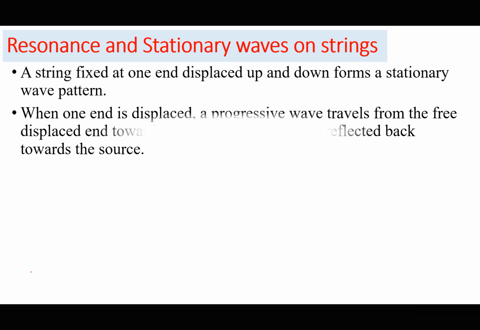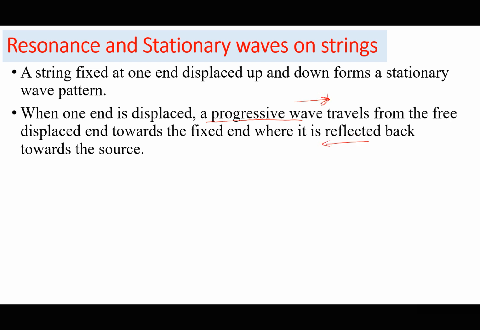When one end is displaced, a progressive wave travels from the free displaced end towards the fixed end, as we have seen, where it is reflected back towards the source.